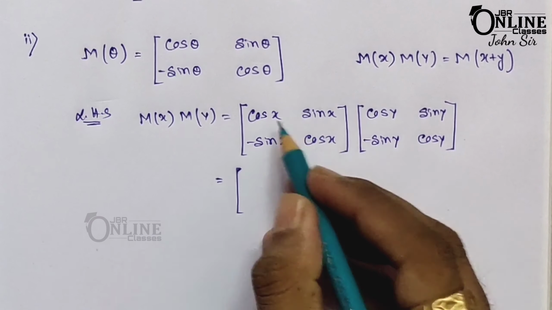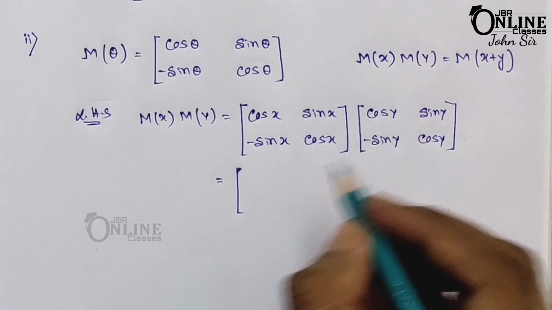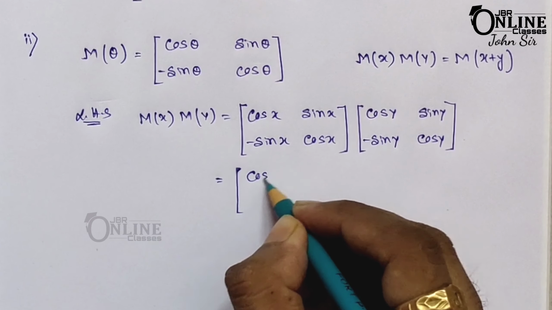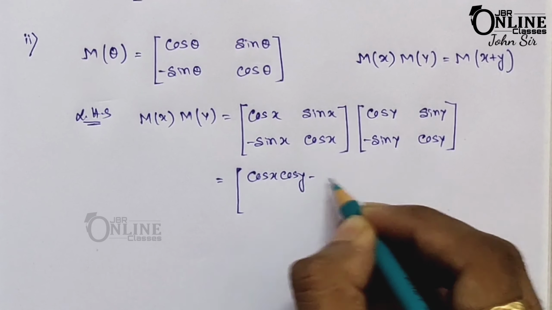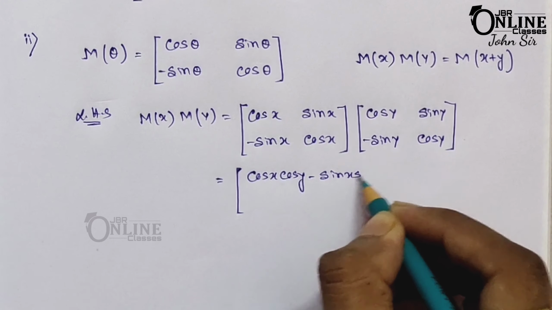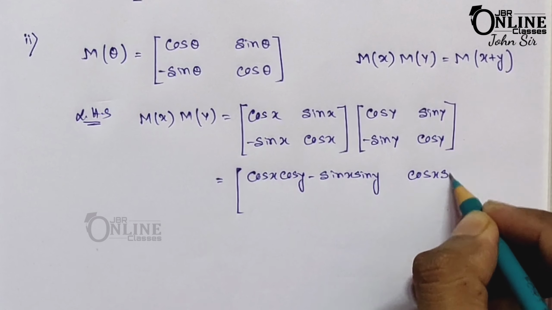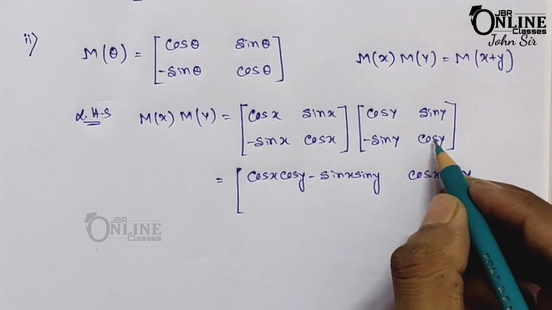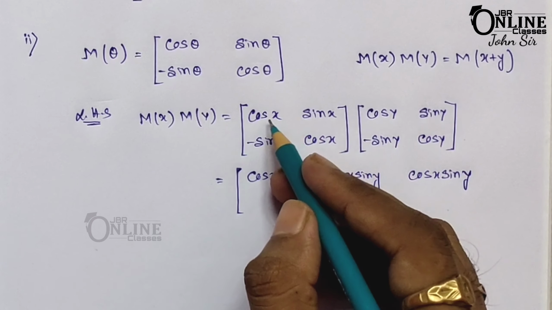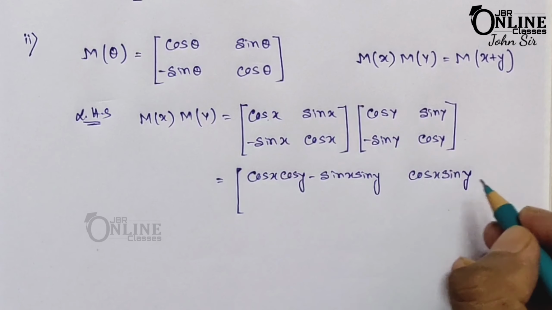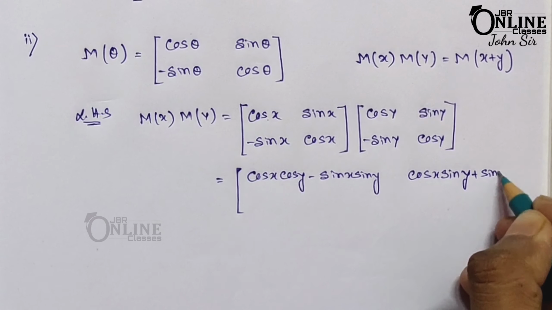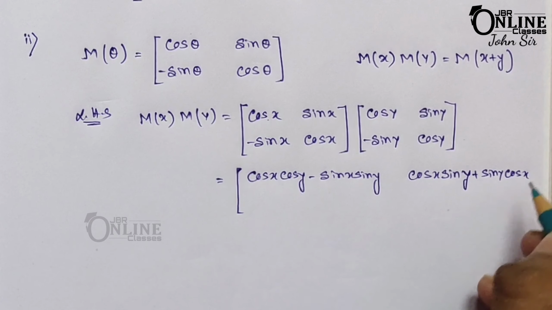So here cos x into cos y, write cos x cos y, then minus sin x sin y. Next one cos x sin y, and again sin x cos y, so write plus sin y cos x.